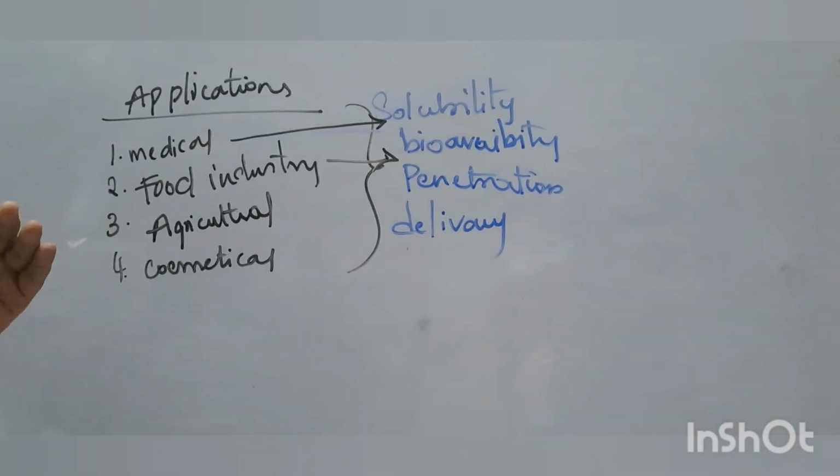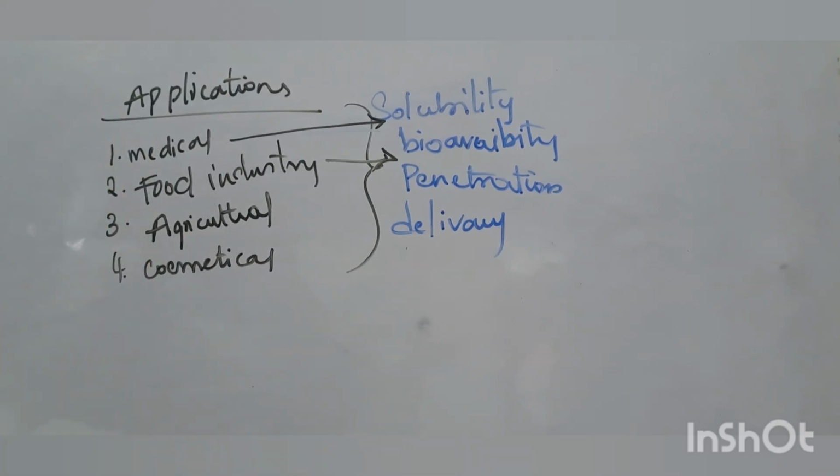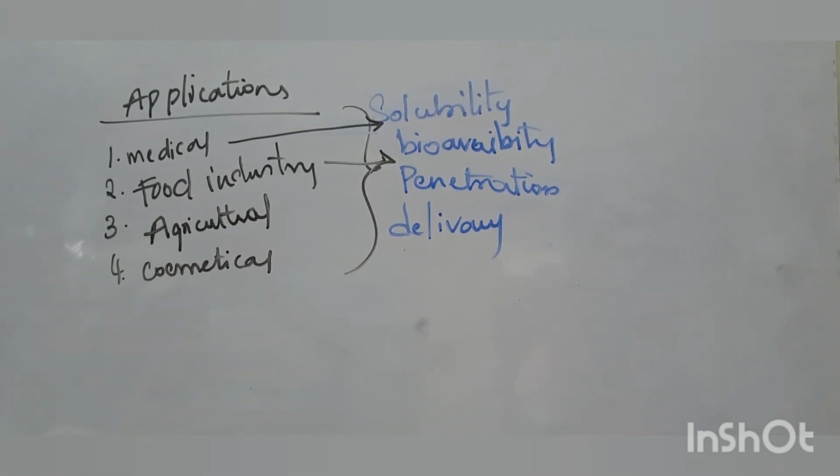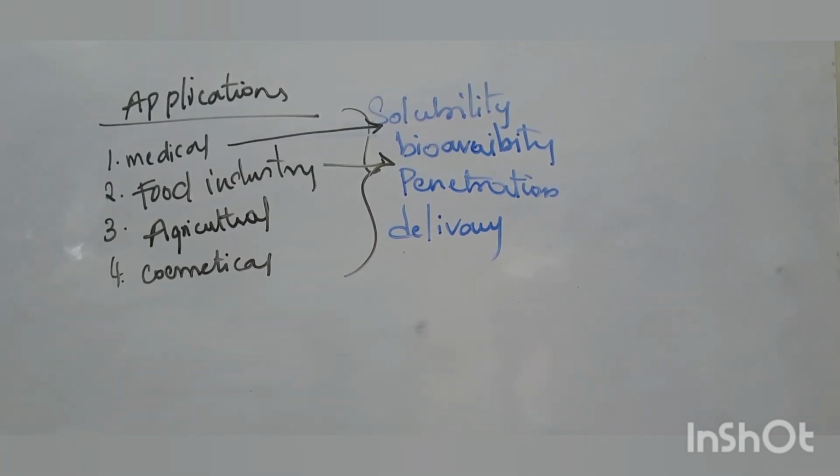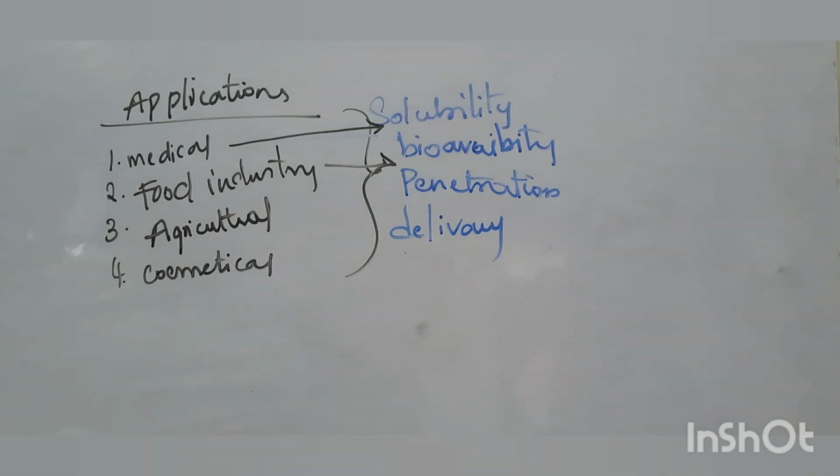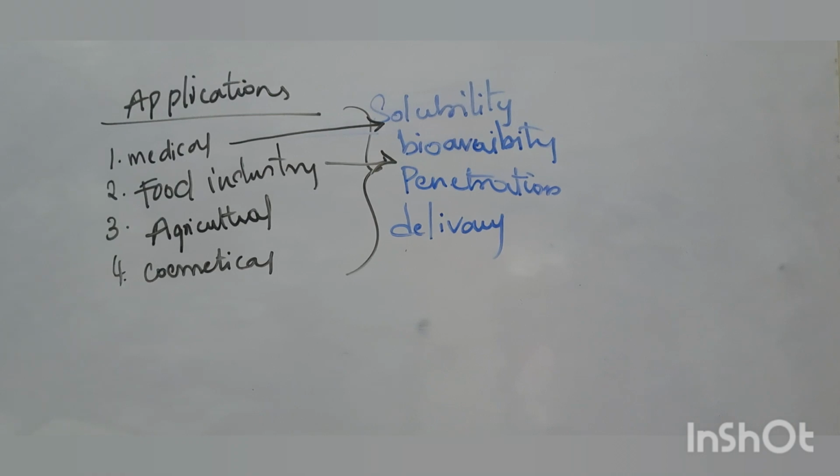So you can write: nano emulsions are used in the food industry to improve the bioavailability of nutrients, vitamins, flavors, and fat soluble vitamins for proper delivery. These are some types of sentences you need to keep. If you remember like this, you can easily form the sentence. As MSc or BSc students, you are well versed in English.